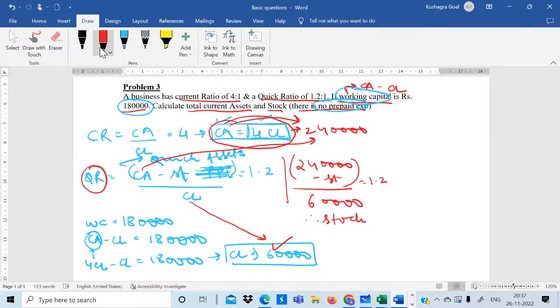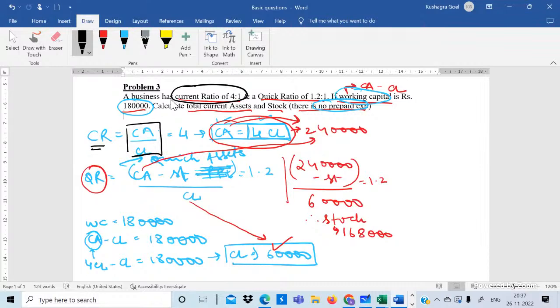Subramanya, which part do you want me to repeat? Four times. Okay, this 4 times, initial one. Okay, let's look at it. They're saying a business has a current ratio of 4:1. So how do you calculate current ratio? Current ratio is nothing but current asset upon current liability.